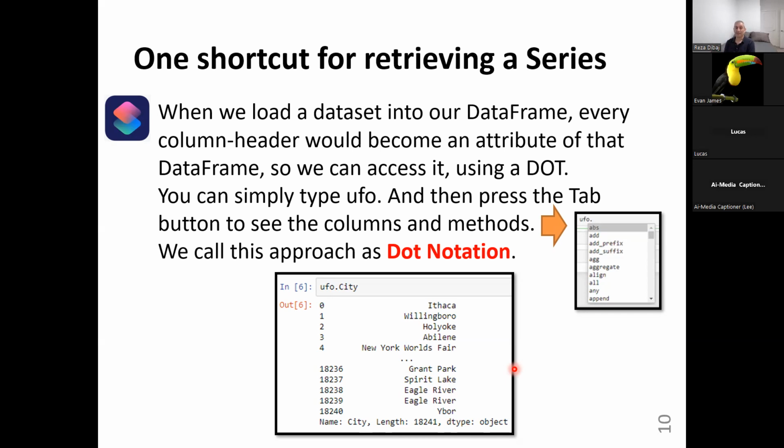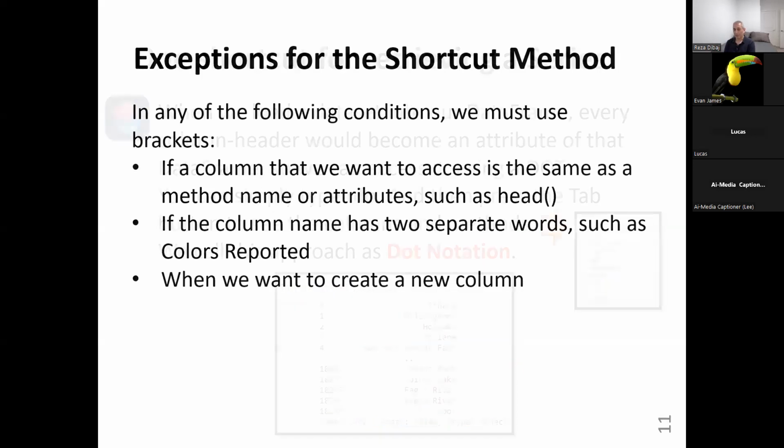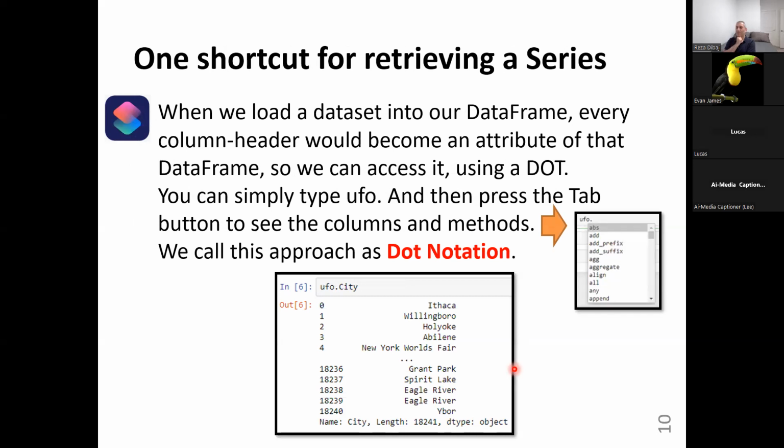But another problem that we could have is whenever you say UFO dot, one of the things that you could see is something like shape, right? So shape by default is one of the properties of UFO. What if you use the same column name in that data frame? It's going to confuse Python about which one you mean.